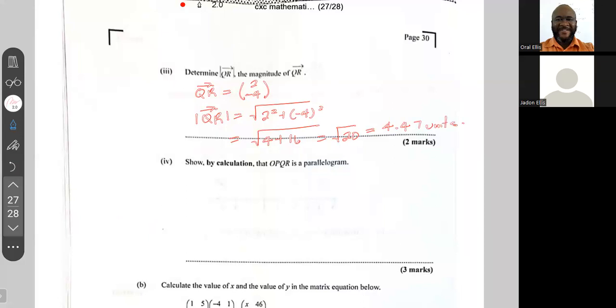All right. Next, we're to show by calculation that OPQR is a parallelogram. Guys, we need to ask ourselves, how do we show that a quadrilateral is a parallelogram? Now, a quadrilateral is a parallelogram if opposite sides are equal and parallel.